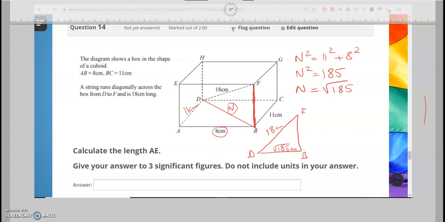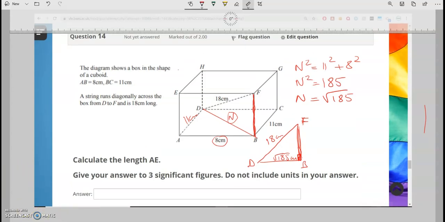So we've got to work out BF. So there is a right angle in here. So we'll get the calculator out to work this out, because we know that BF is equal to 18 squared, take away the square root of 185 squared.